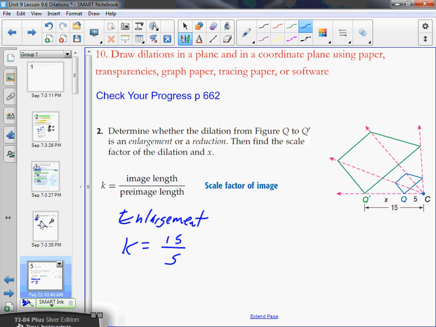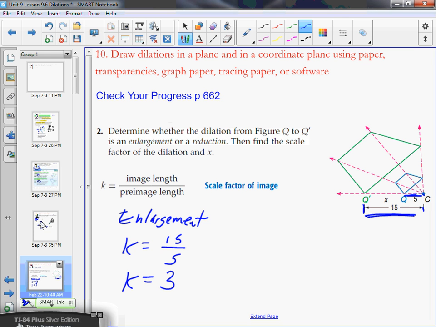See? The distance from C to Q prime is 15. The distance from C to Q is 5. So the scale factor is 15 to 5. But we'd rather simplify that if we can. So the scale factor is 3.